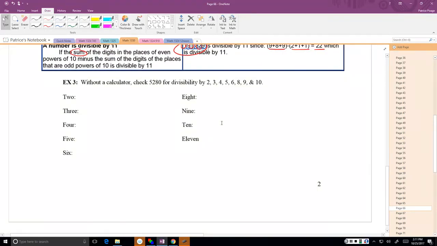Okay, we're going to talk through this one as a group. We want to check, is 5,280 divisible by these numbers? So is this number divisible by 2? Yes. How come? Because it ends in an even number. Is it divisible by 3? How come? Because 5 plus 2 plus 8 plus 0 equals 15.